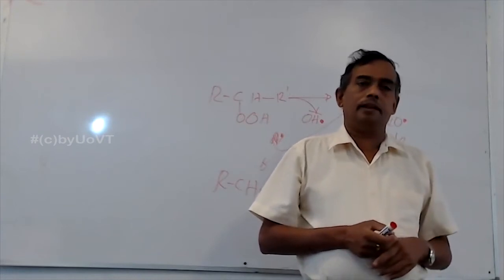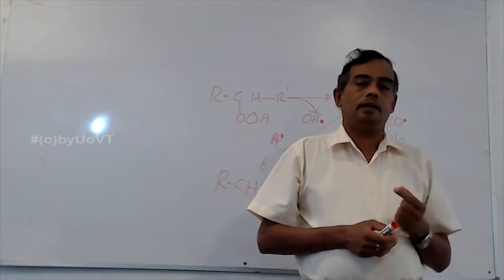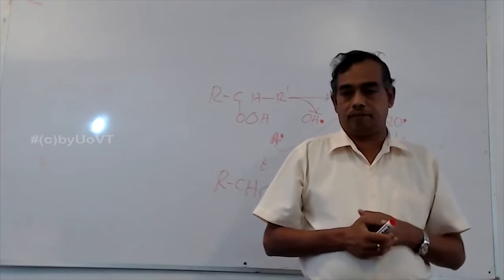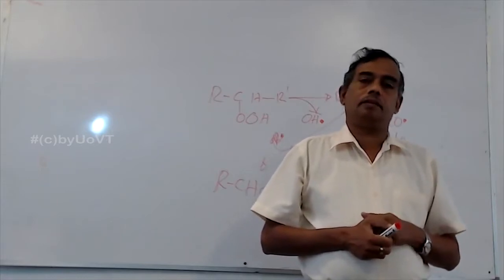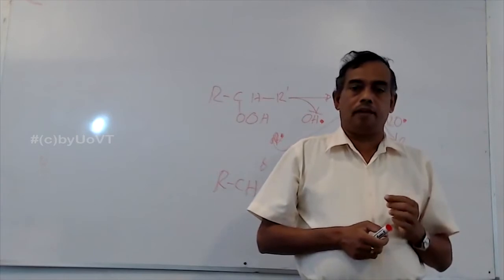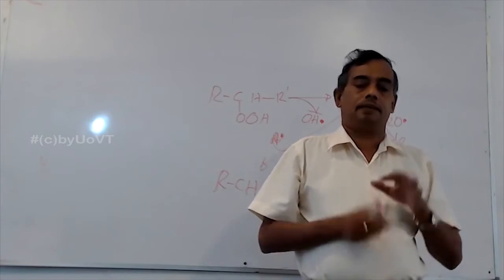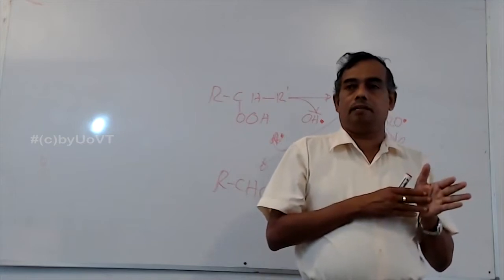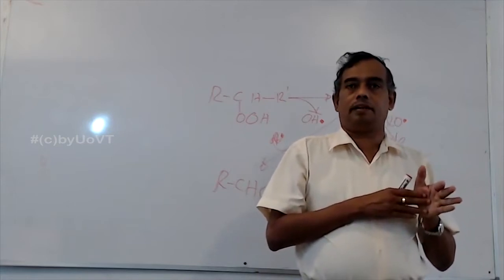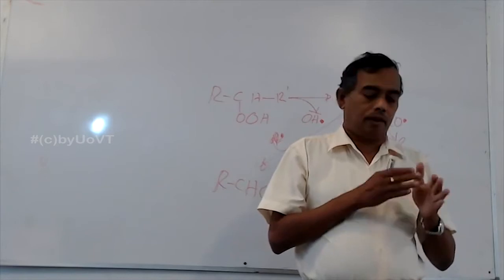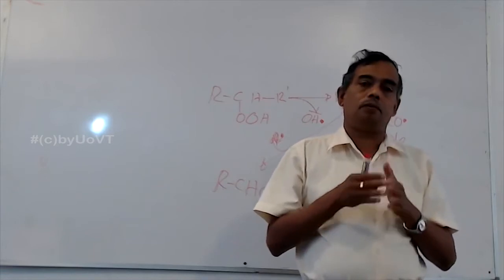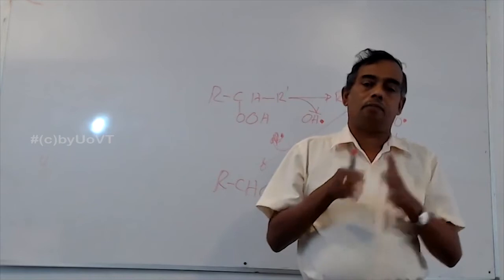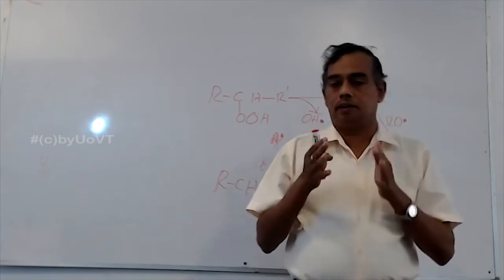Therefore, at least one double bond should be there to start the reaction. And the second thing, we can categorize this reaction as a chain reaction. Therefore, three major steps common to all chain reactions can be identified in this auto-oxidation process.